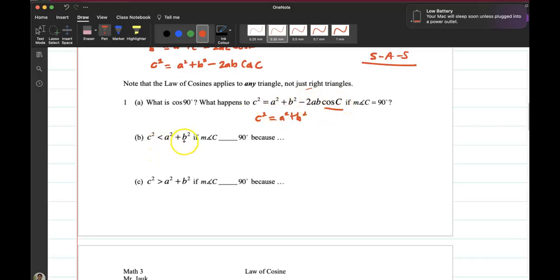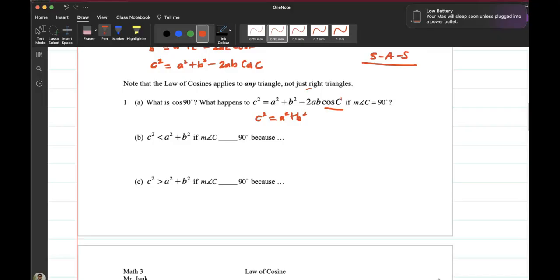But suppose your c square is less than a square plus b square, then your C will be obtuse. Obtuse is when the angle is greater than 90 degrees, and cos of an obtuse angle is negative. So that's why it's saying less than.